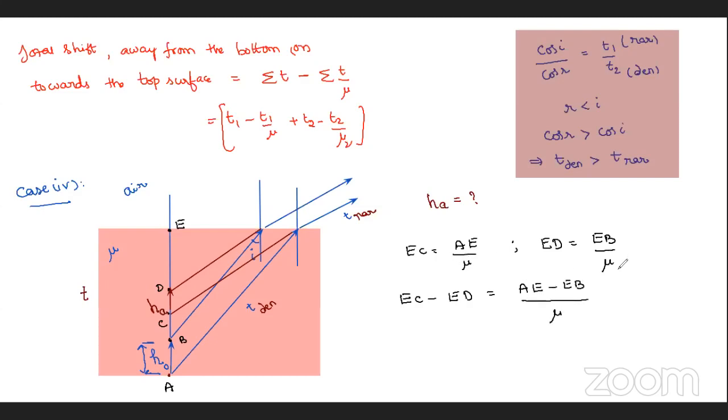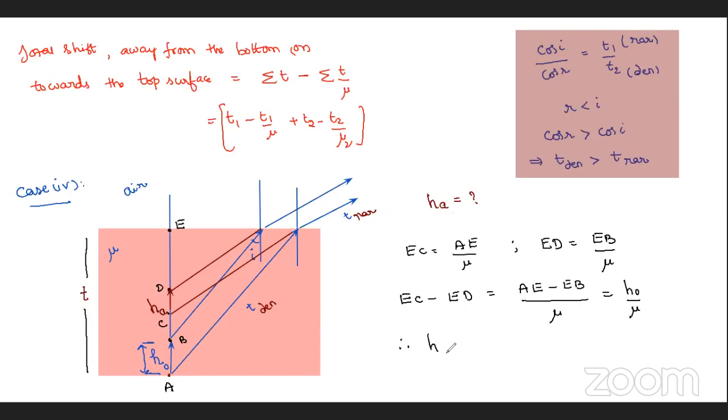Common mu is there. Correct? AE minus EB, how much? Is the thickness actually helpful to solve this one? No, sir, it is useless. This is actually H naught by mu.